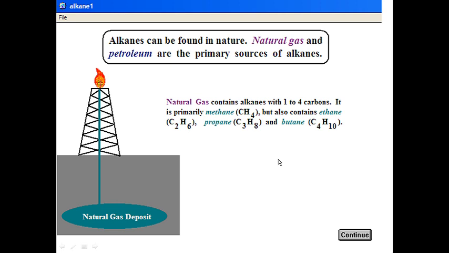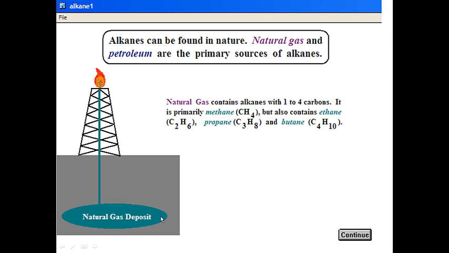But alkanes can be found mostly in the crude oil. And so crude oil has things like alkanes, a little bit of alkenes, and then alkynes. And so if we look at the first 4 alkanes in the homologous series, methane, ethane, propane, and butane, those can be found in nature in natural gas deposits.